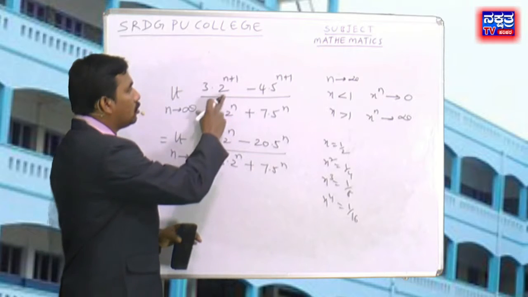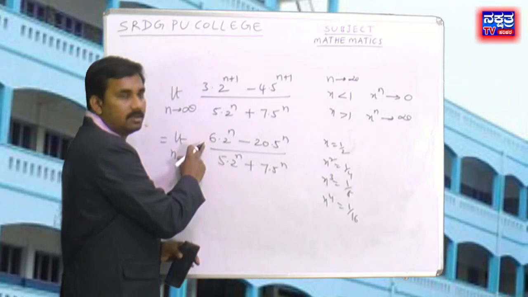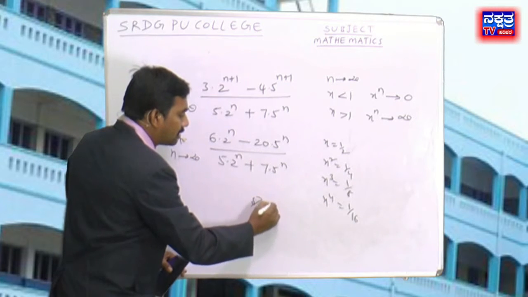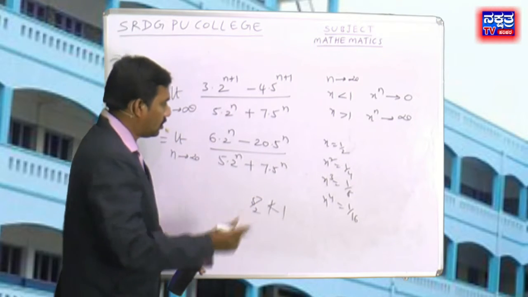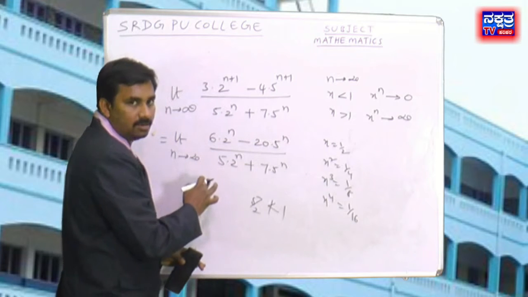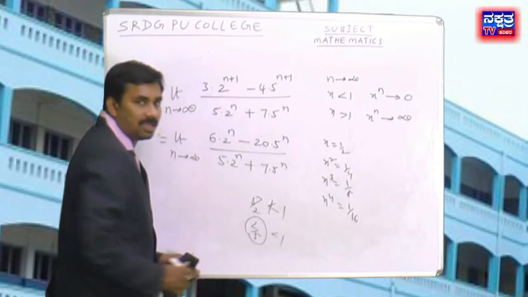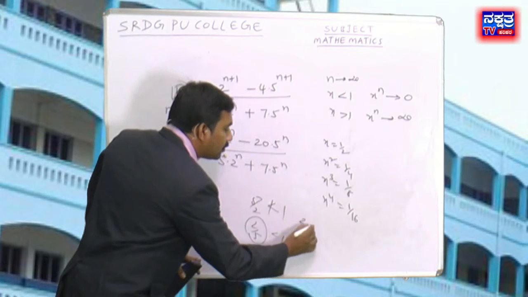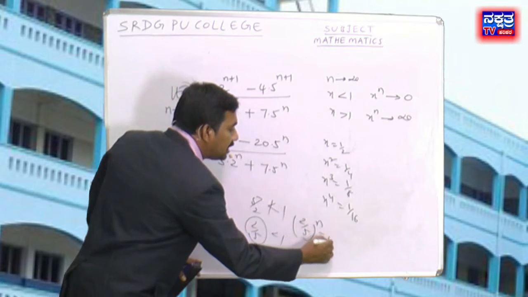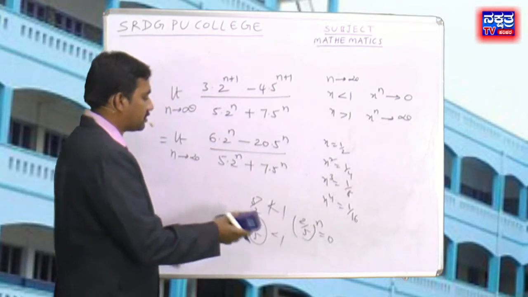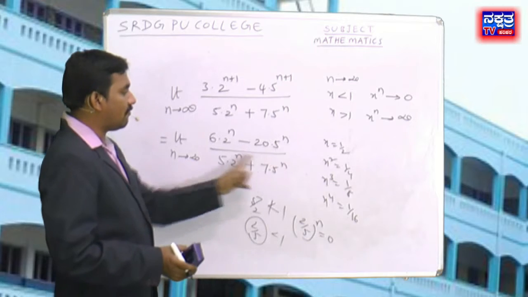So if you take 2^n common, then it will become 5 by 2. So 5 by 2 is not less than 1. So you take 5^n common, then it will become 2 by 5. 2 by 5 is clearly less than 1. Then we can write (2 by 5)^n is equal to 0 when n tends to infinity. So that's why what we have to take common here is 5^n.